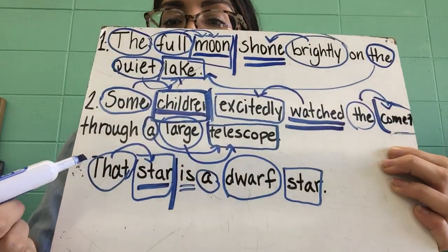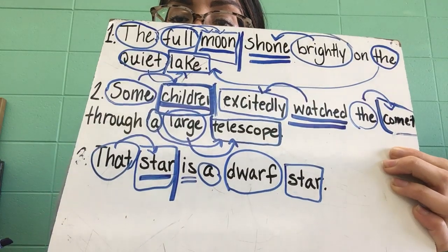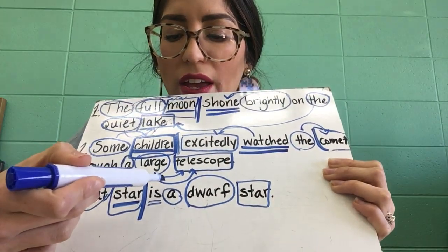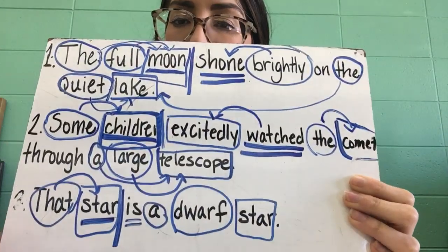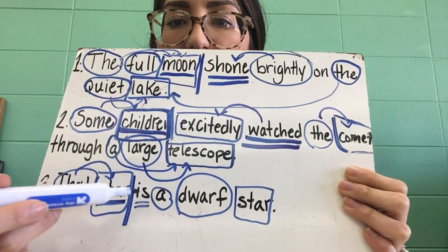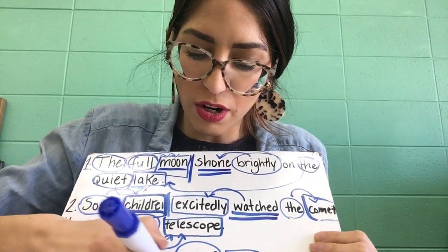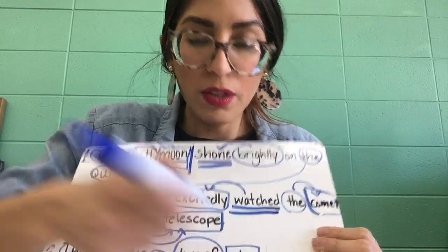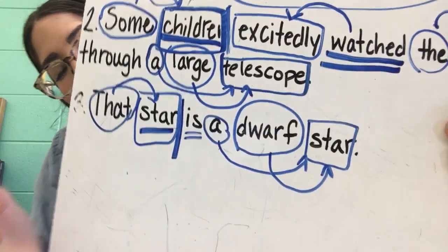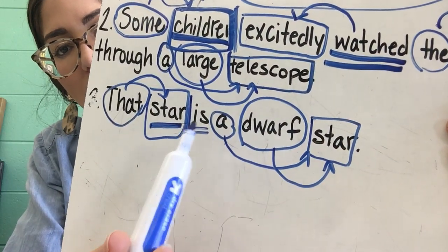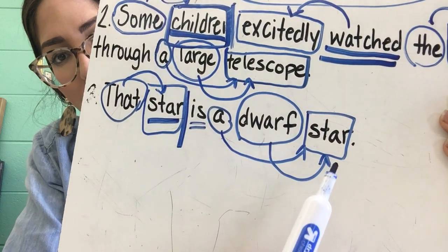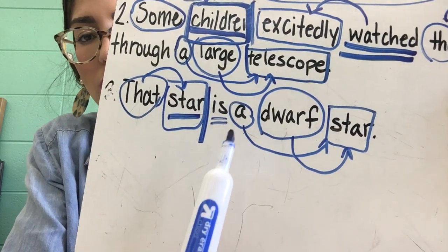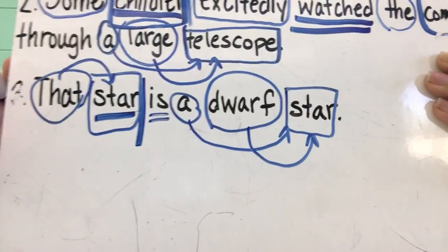That star. So draw the arrow, that to star. And then what do A and dwarf describe? That's right, what kind of a star? A dwarf star. So we'll draw our arrows to the star. Is is the verb. A and then dwarf. Those are the adjectives that are describing the star.